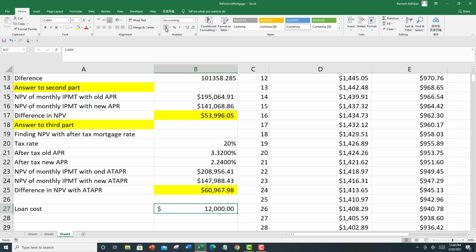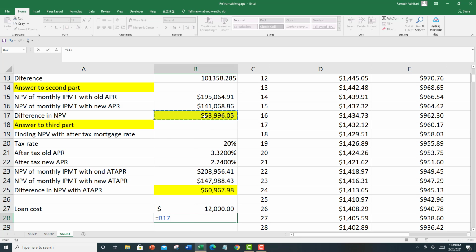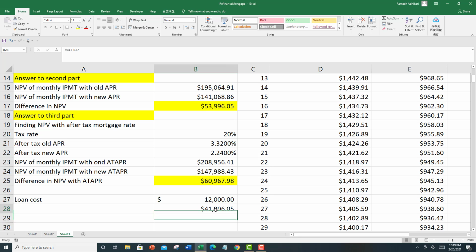So should I refinance or not? In today's value terms, without looking at the tax, I can save approximately 54,000, and the cost is 12,000. So the net saving is the total present value of your saving minus the cost. So you still save approximately 52,000.